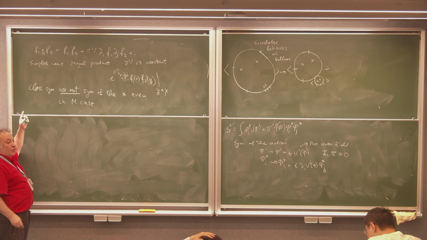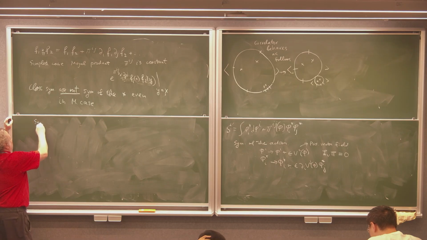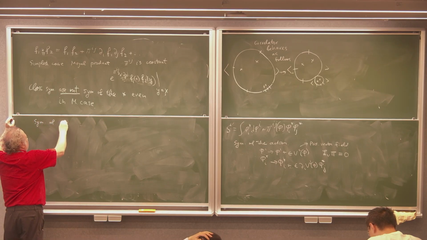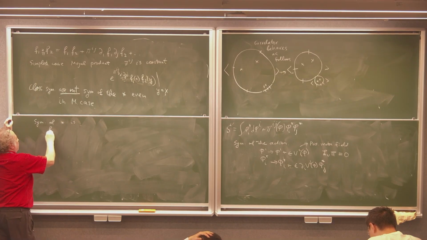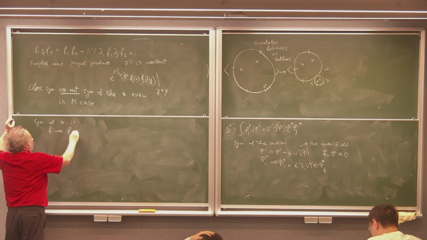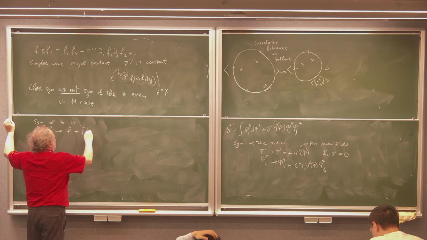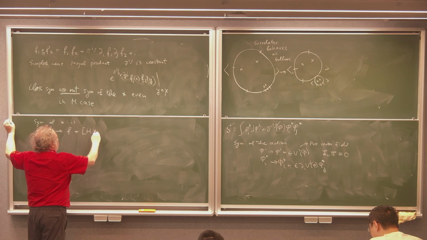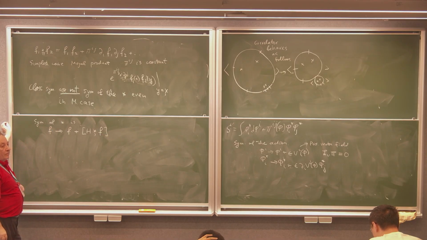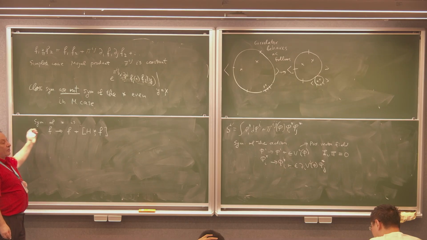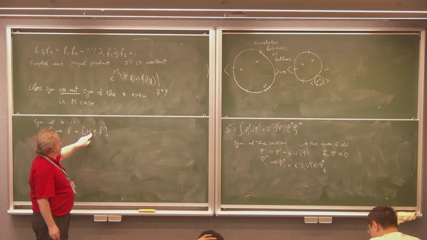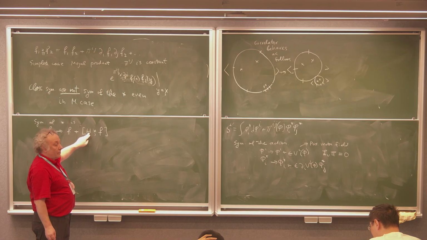Since the star product is associative, a symmetry of the star product is F going to F plus the star commutator of F with H. This is a symmetry of any associative algebra, where H is a function. What can we say about this?